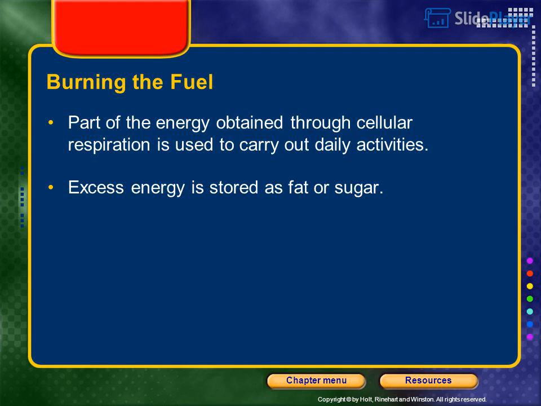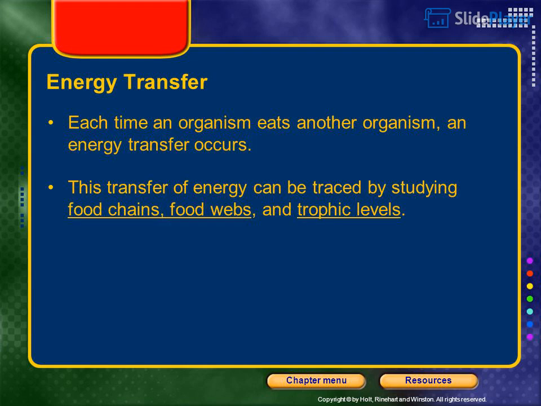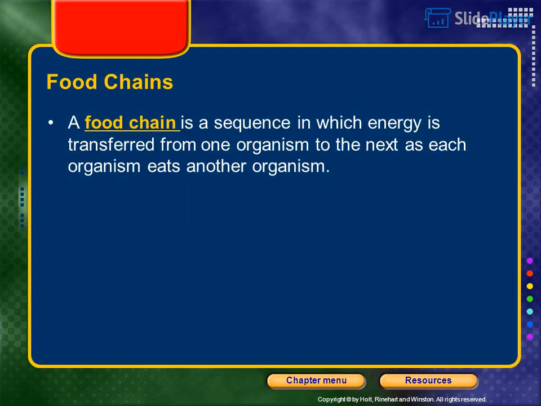Excess energy is stored as fat or sugar. Energy transfer. Each time an organism eats another organism, an energy transfer occurs. This transfer of energy can be traced by studying food chains, food webs, and trophic levels. Food chains. A food chain is a sequence in which energy is transferred from one organism to the next as each organism eats another organism.